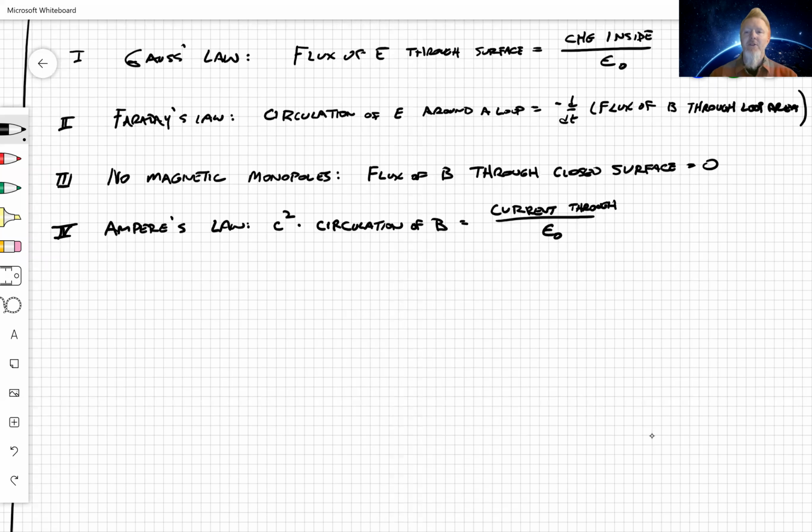Okay, so examine this situation. We're going to go back to the parallel plate capacitor. I think I remember mentioning in the early part of the class how useful the parallel plate capacitor was going to be. Well, we're still thinking about it.